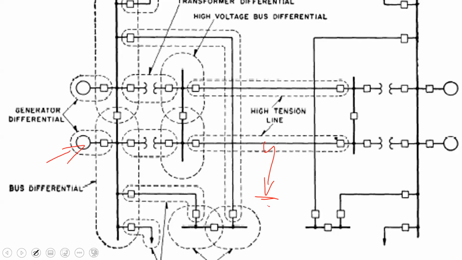Because of the fault, this generator, seeing the significant increase in demand, it pulls out from the system. All right? Because it pulls out from the system, all of these other generators now became overloaded.